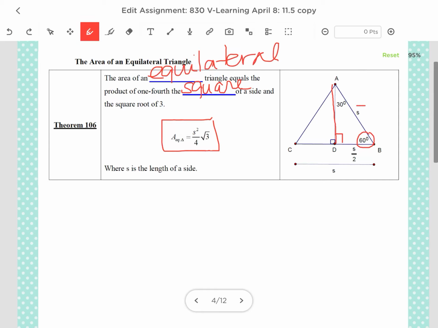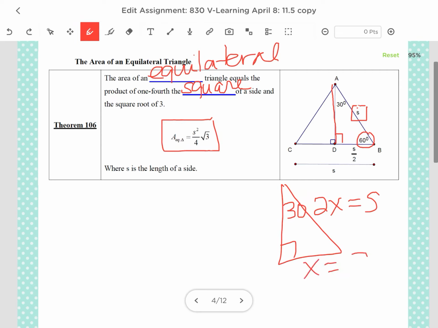So since this side is represented by s, because all of the sides are the same, we know that the side across from the 90 is equal to 2x. So in this case, that's the side length. The side that's across from the 30 is always going to be half of that. It's just going to be x.